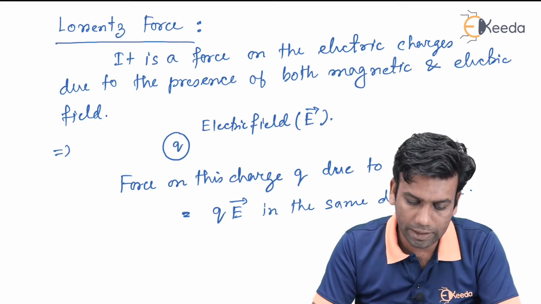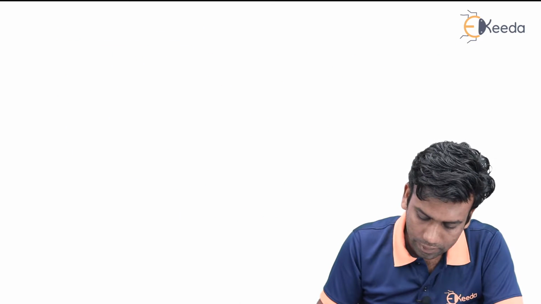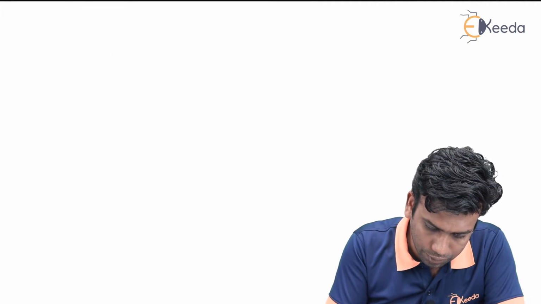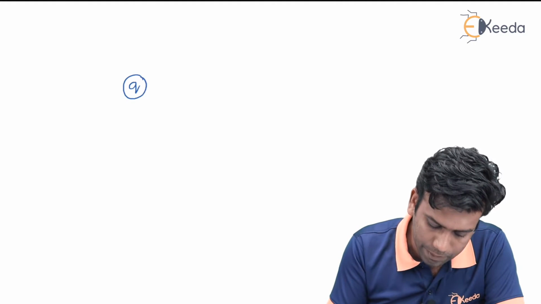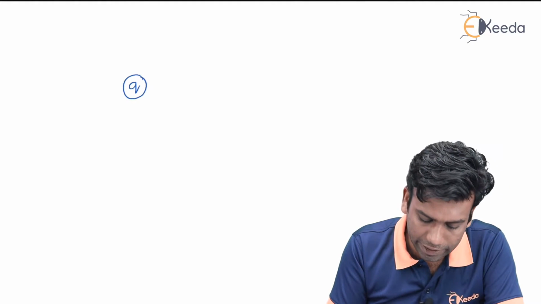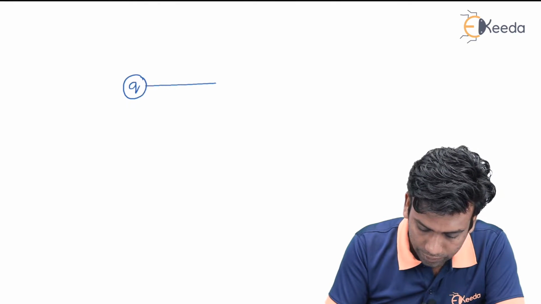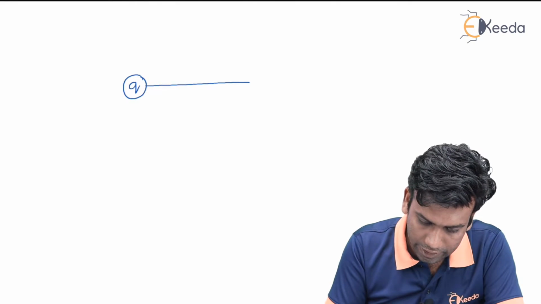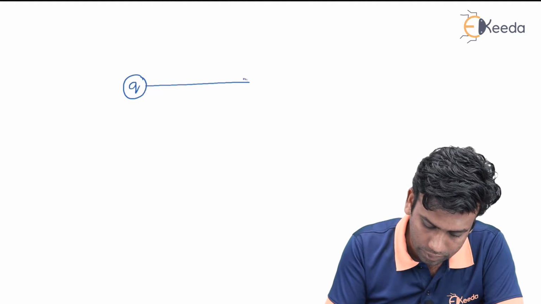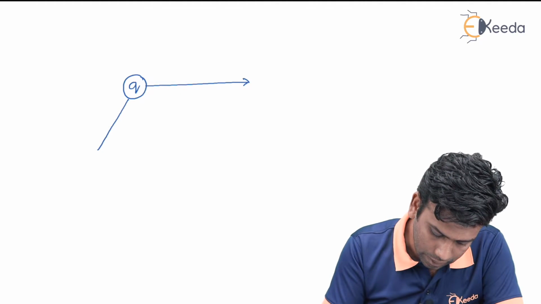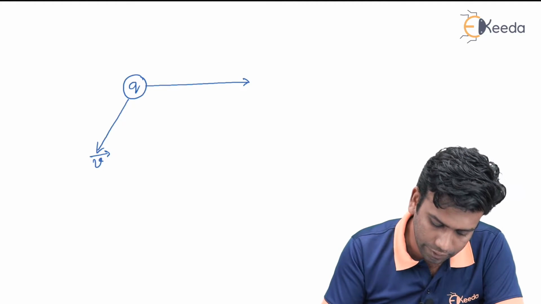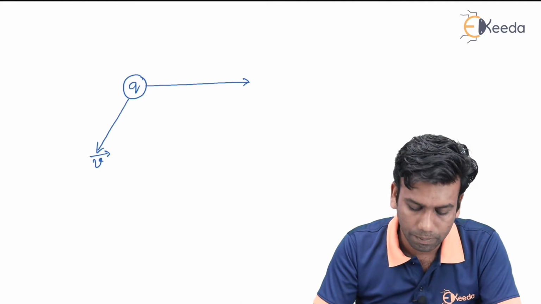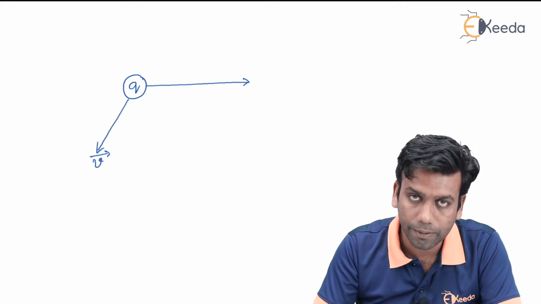Let us assume a charge q is placed in a magnetic field and is moving in this direction, where v is the velocity of the charged particle.